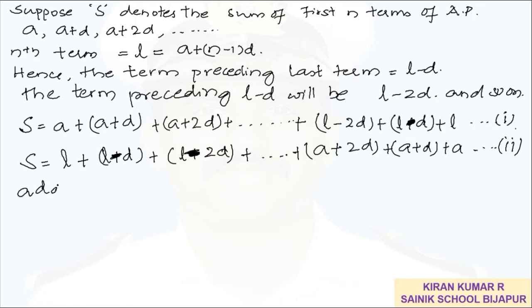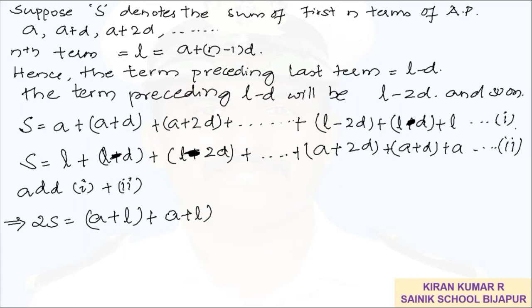Let me add equation 1 with equation 2. I'll be getting 2 times S equal to the sum of these two, a plus l, plus the sum of the next two terms, a plus d plus l minus d. d will get cancelled. We will be getting a plus l.